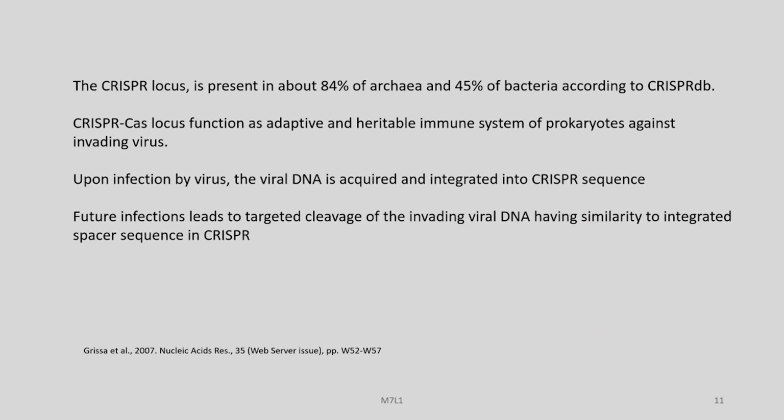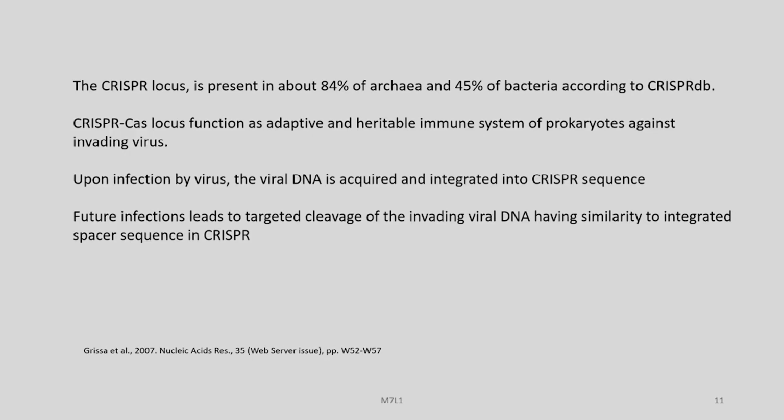So, the CRISPR locus is now a little bit familiar to you. This is present in about 84% of archaea and 45% of bacteria according to CRISPRDB. CRISPR-Cas locus functions as an adaptive and heritable immune system of prokaryotes against invading viruses.